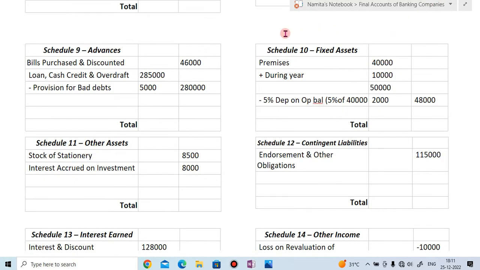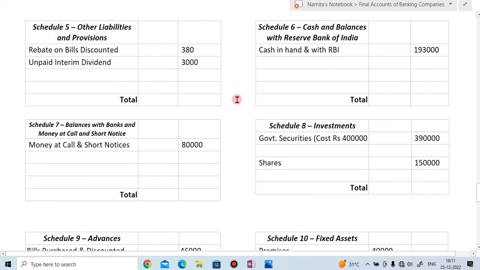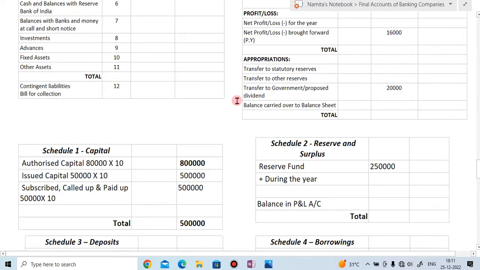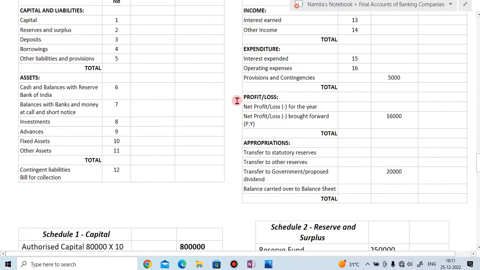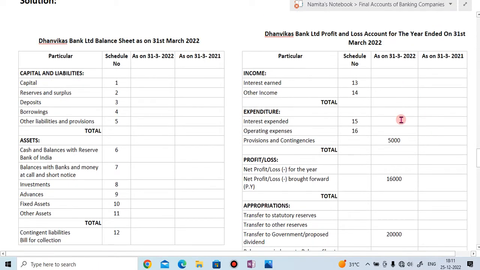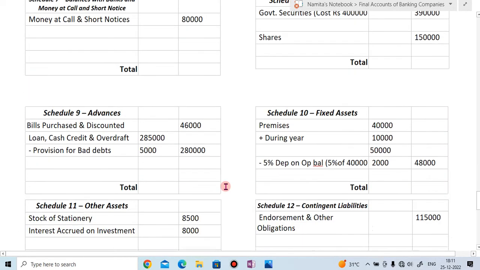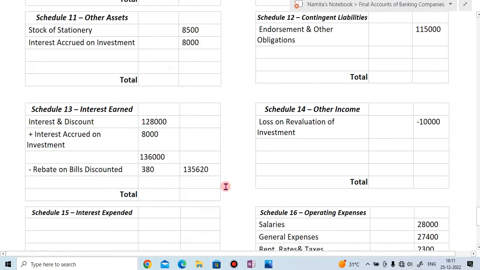So before closing the balance sheet, first of all you have to close the profit and loss account. So we have to get the values for the profit and loss account, like schedules 13, 14, 15, 16. So first close schedule number 13, 14, 15 and 16.